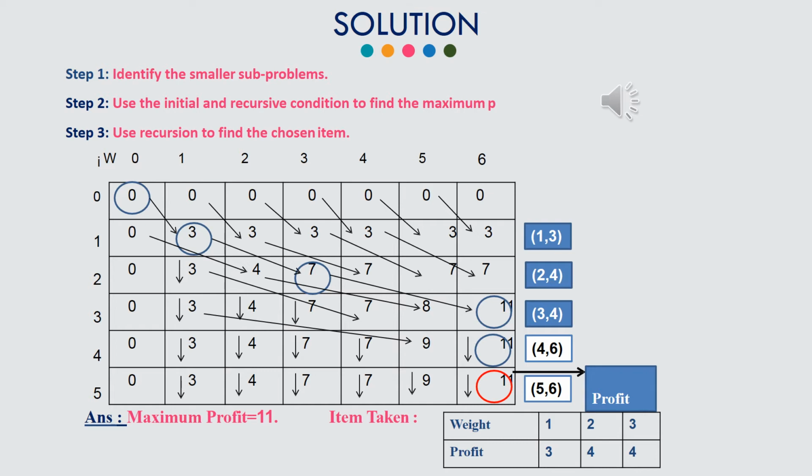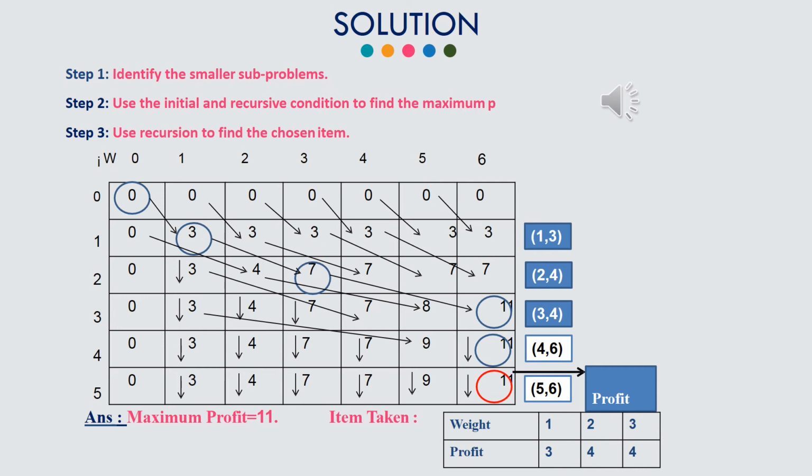Then item 2. Now we have items 0, 1, 2. For weight 2 we have the profit 4, so at the intersecting cell of item 2 and weight 2 we replace the value with 4. For weight 3, which is 1 plus 2, the appropriate profit for 1 is 3 and for 2 is 4.